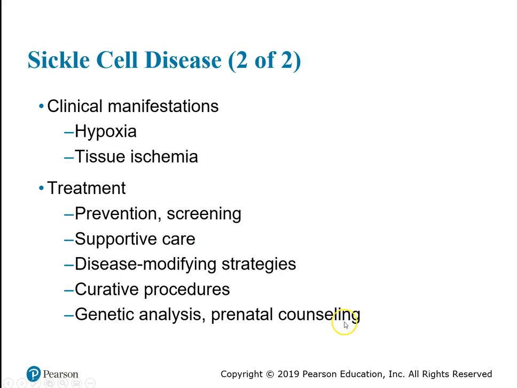The supportive care is in there, but the genetic analysis and prenatal counseling are important too. The severity of the disease will vary with patients as well. But it's important to know, is your partner also a carrier? What are the chances of you having an offspring with sickle cell disease?